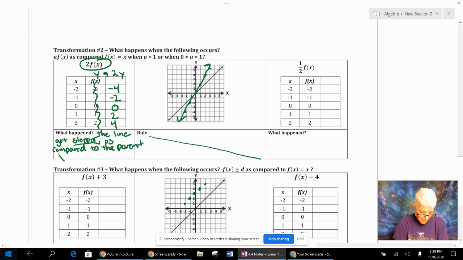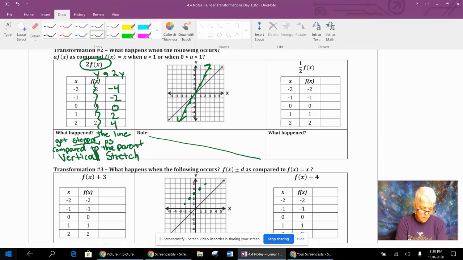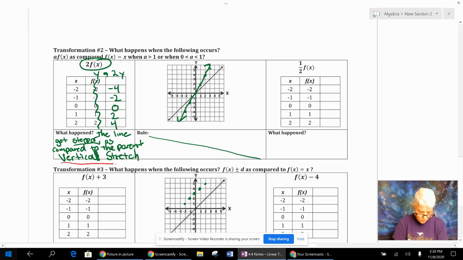This is called a vertical. Whoops, got ahead of myself. That's an L. Here's the S, a vertical stretch. That is the word that you're going to want to remember, the vertical stretch. So the vertical stretch, it got steeper.